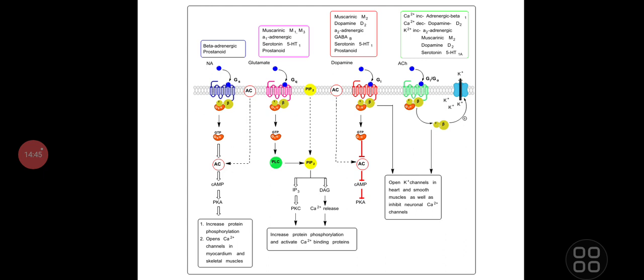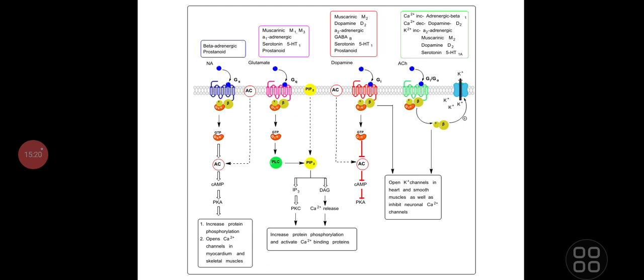These are GPCRs which are working through different mechanisms. The first one is the Gs GPCR. Its coupling protein is Gs, and when a ligand binds at the ligand binding site, it changes the conformational structure of the protein, which ultimately leads to the activation of the alpha subunit, and the alpha subunit is activated by the attachment of GTP.